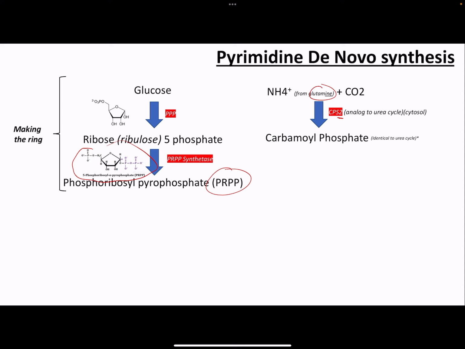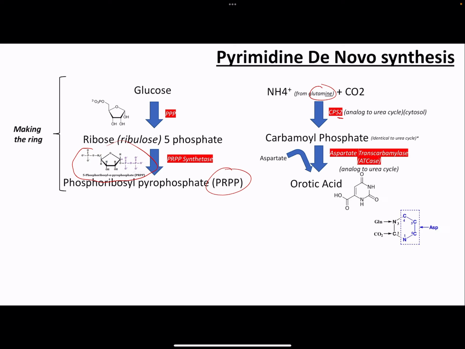Great. Carbamoyl phosphate then combined with ornithine in the urea cycle via the enzyme ornithine transcarbamylase. Well, in this case, it's going to be carbamoyl phosphate that combines with aspartate. And similarly, in the urea cycle we had carbamoyl phosphate and ornithine, and the enzyme is named after ornithine transcarbamylase.